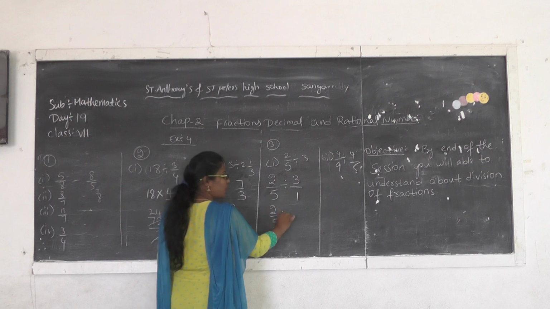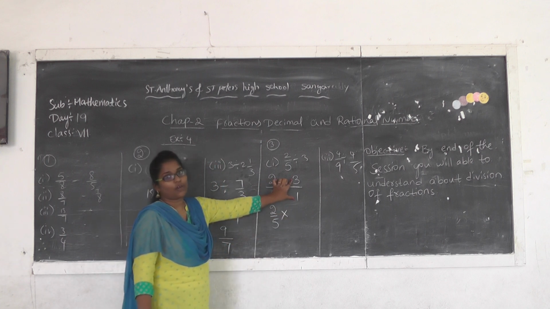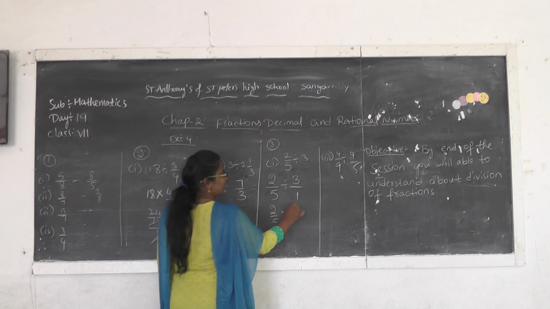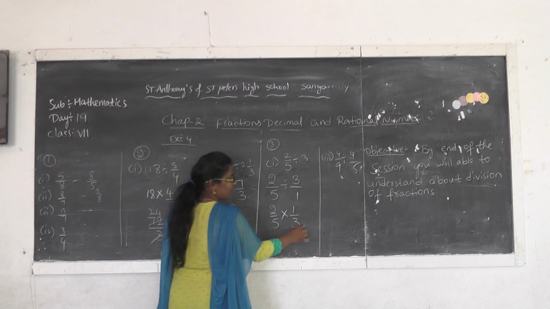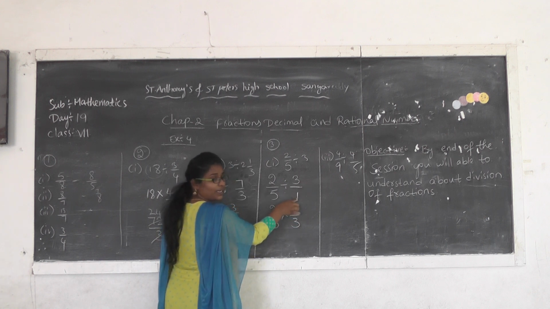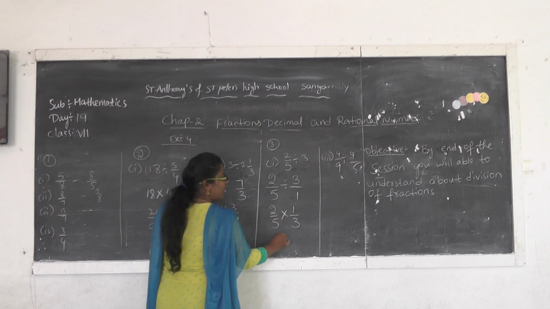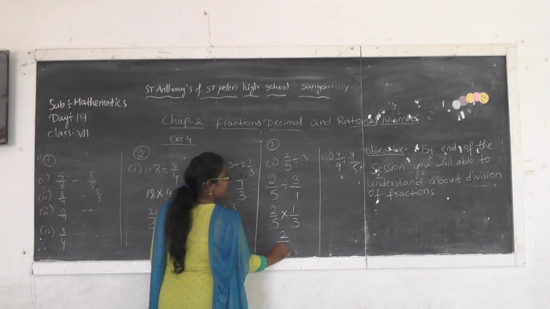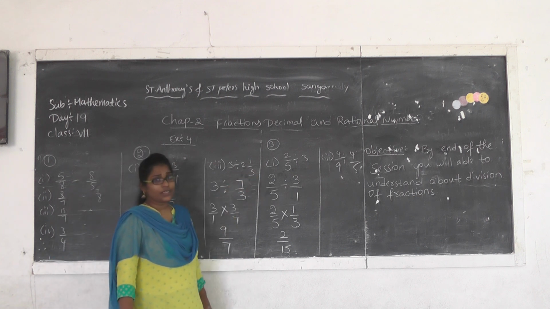In the place of division, we have to write it as into by changing the reciprocal of the second fraction. 3 by 1, how should we write? 1 by 3. 3 is the numerator here, so we are interchanging it into the denominator. 1 is the denominator, so we are interchanging it into the numerator. 2 ones are 2, 5 threes are 15. So this is the answer for the first question.